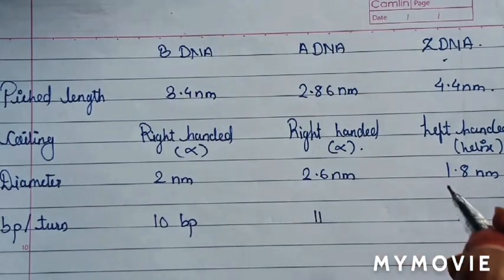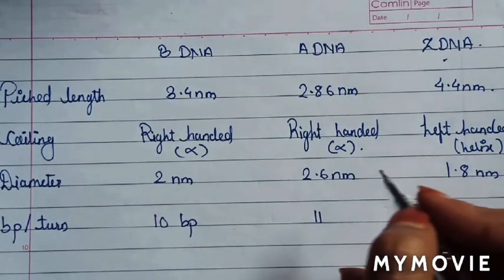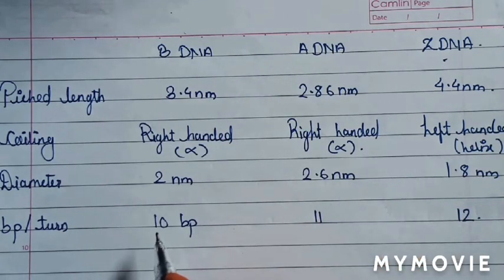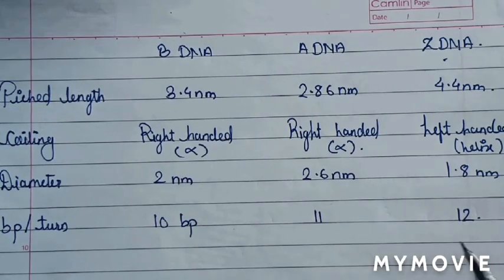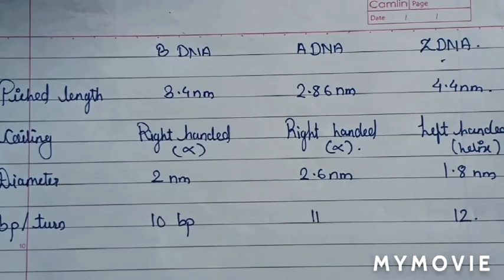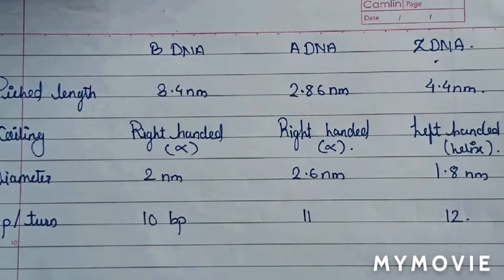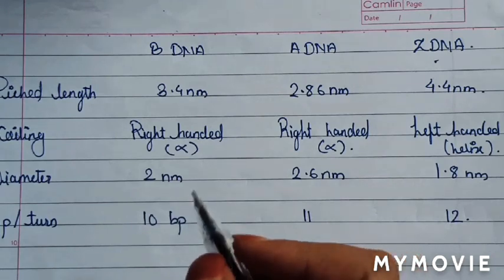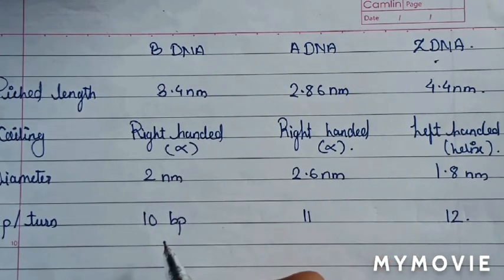To find the angle between two successive base pairs, we divide 360 degrees by 10, 11 and 12. So we can know the distance between two successive base pairs of A-DNA and Z-DNA. We know that two successive base pairs of B-DNA are 36 degrees apart.